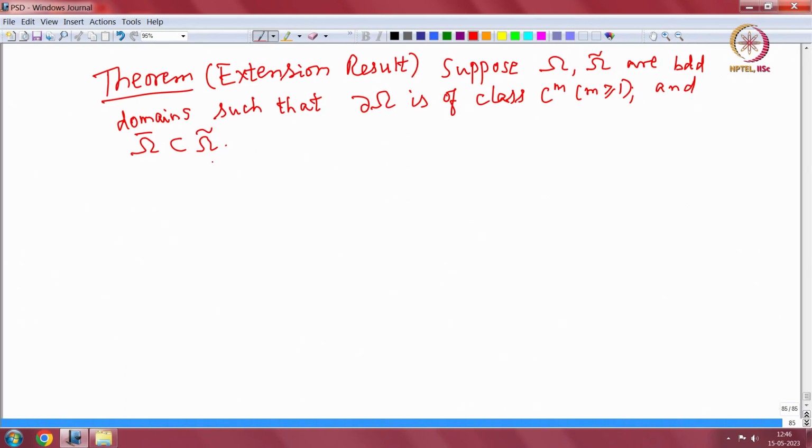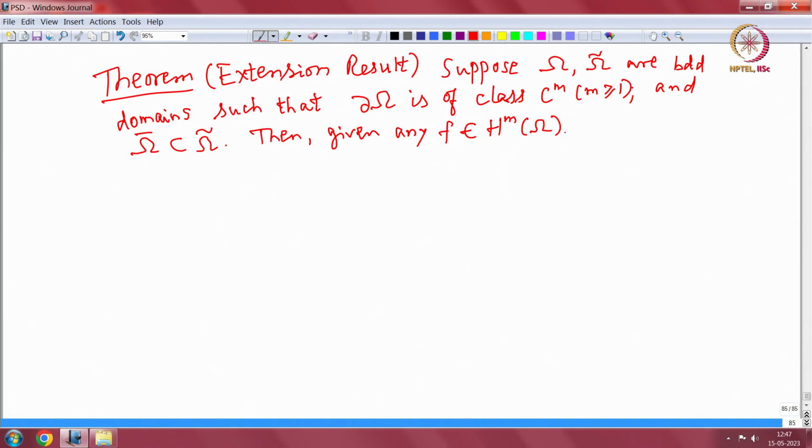Okay, so then given any f in the Sobolev class Hm of omega, and this m and m are the same. If we just want H1, then C1 will do. Okay, so this m and m are the same.